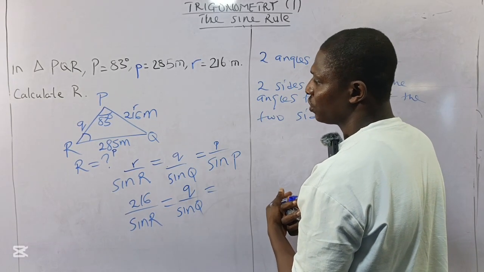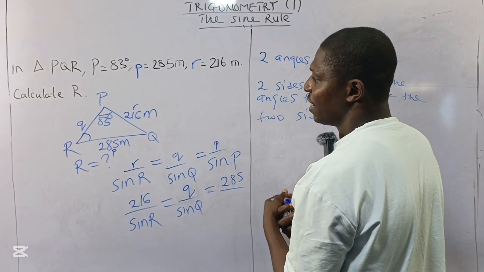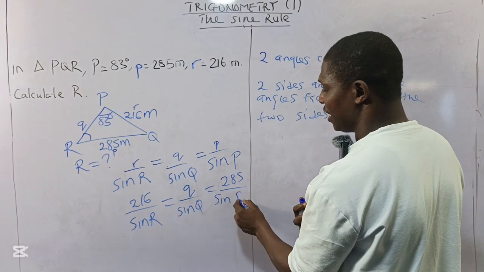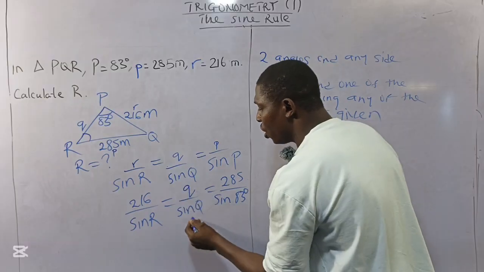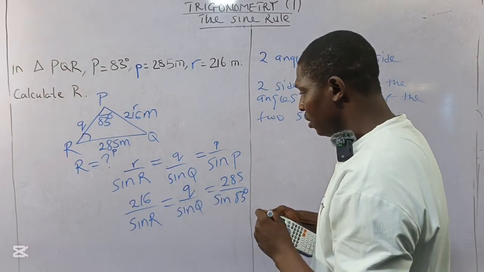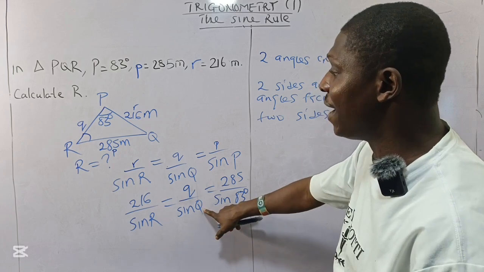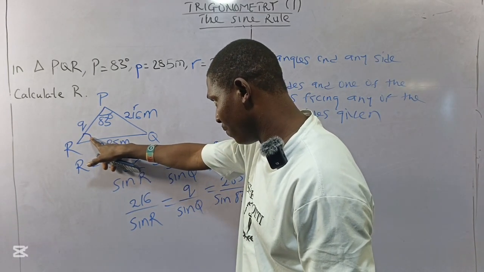My small p is 285, and my angle P was given as 83 degrees. Now you see, neither q nor angle Q is known. There's no way I can know my capital Q without knowing my R.